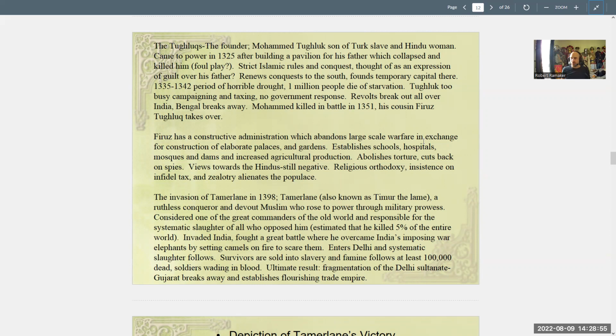Well, obviously, what are things that elephants don't like? Number one, they don't like loud noises. A camel that's burning to death is going to make some pretty awful noises. Number two, they don't like things that are moving very quickly. Something that's on fire is going to move fast. And lastly, of course, elephants don't like mice.